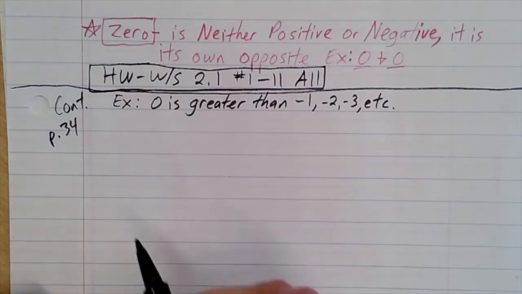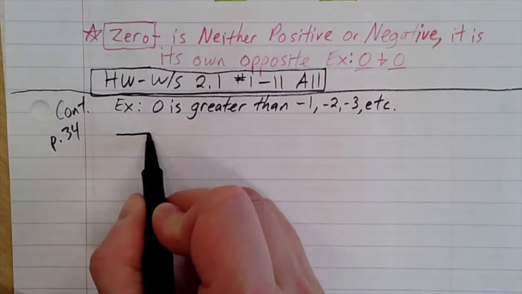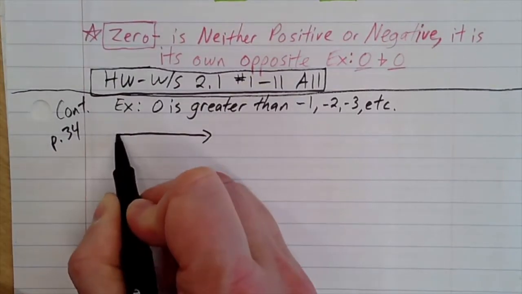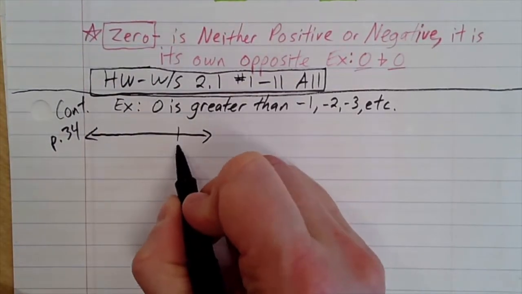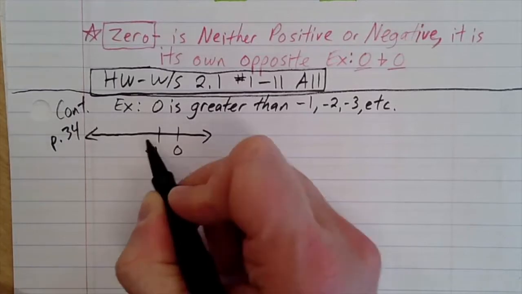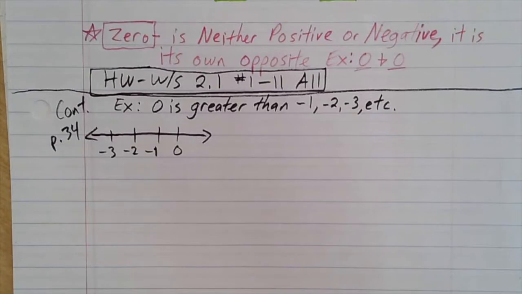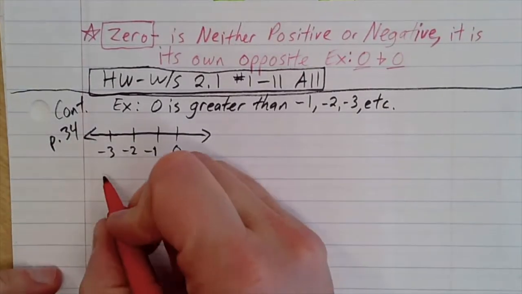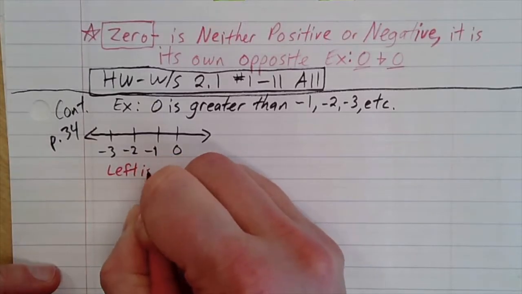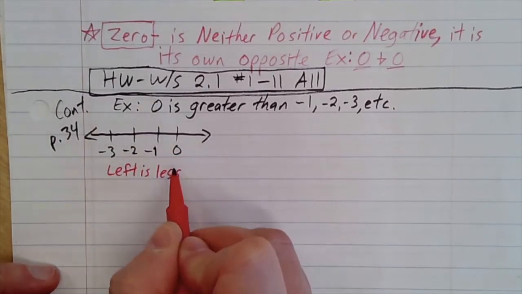So if I draw a number line here, and I put 0, -1, -2, -3, and so I like to remember this: left is less. So left is less.